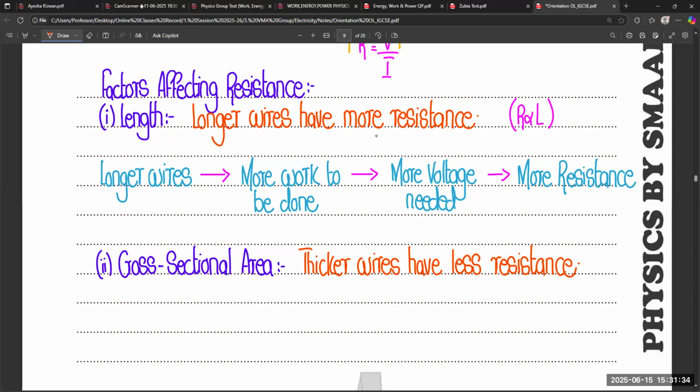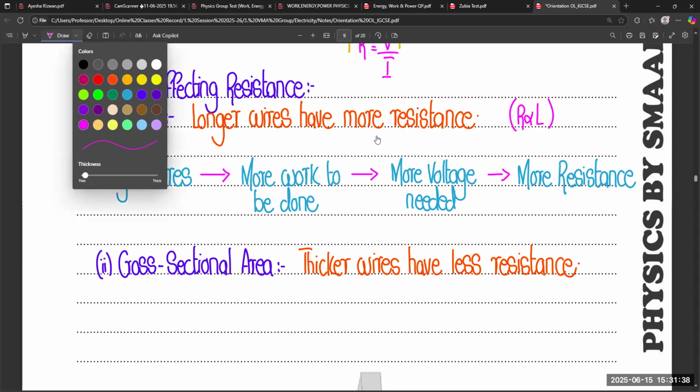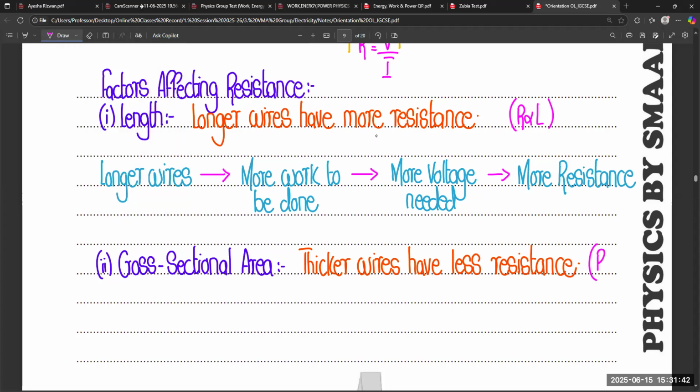So this is the concept of the cross-sectional area. It means resistance is inversely proportional to cross-sectional area, because if we increase the cross-sectional area, resistance will decrease. That's why it is inversely proportional.